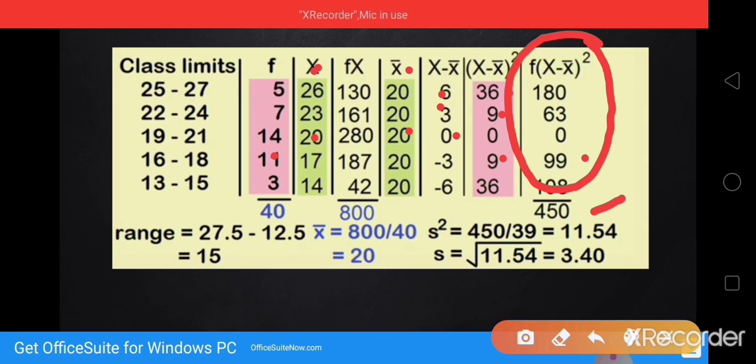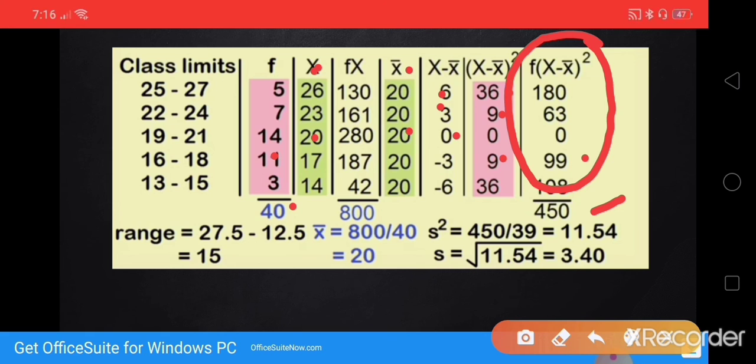So we need to find the variance and standard deviation. The variance is 450 divided by 39. Why 39? You need to subtract 1 from 40. It equals 11.54.